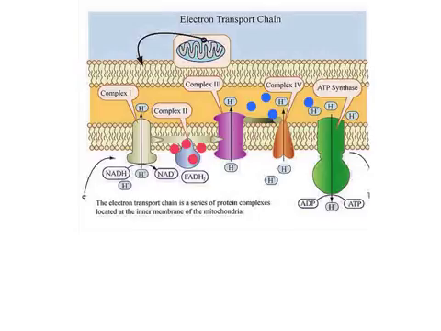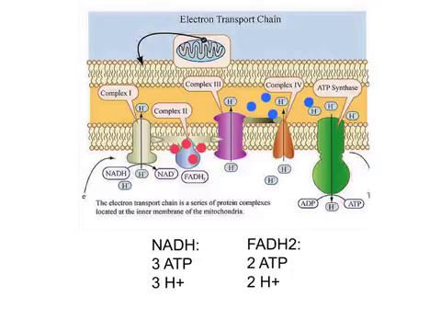Since electrons from FADH2 pass through fewer electron carriers, it makes less ATP. Each molecule of NADH produces 3 ATP and 3 hydrogen ions. Each molecule of FADH2 makes 2 ATP and 2 hydrogen ions.